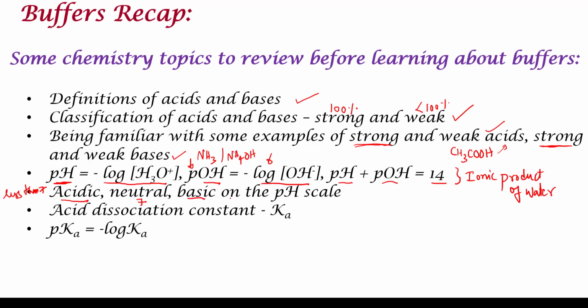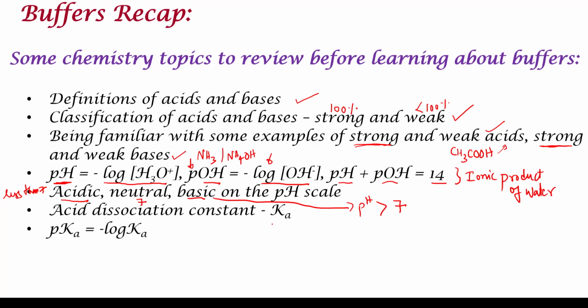And then if your pH is greater than 7, it is called basic. So if your pH value is greater than 7, then we're going to call this basic, because these terminologies are going to show up. And if you don't keep this in mind about which is acidic, which is basic, which is neutral, then you may end up getting confused. So it's important that you refresh your memory about what these things are.